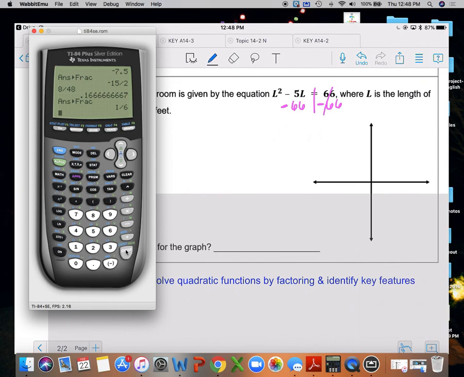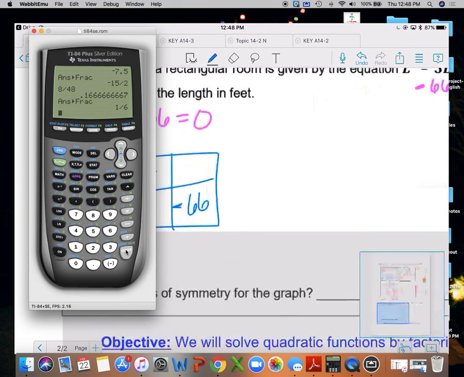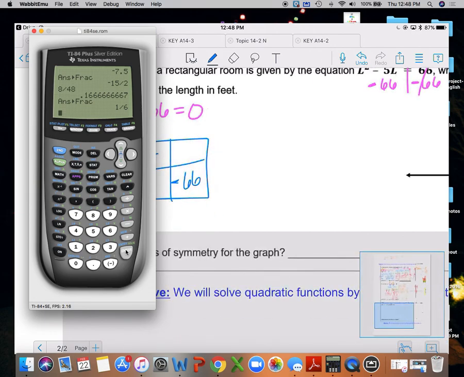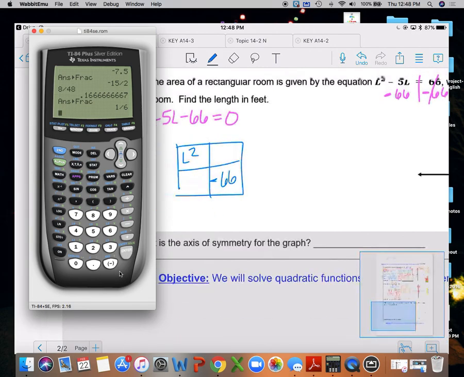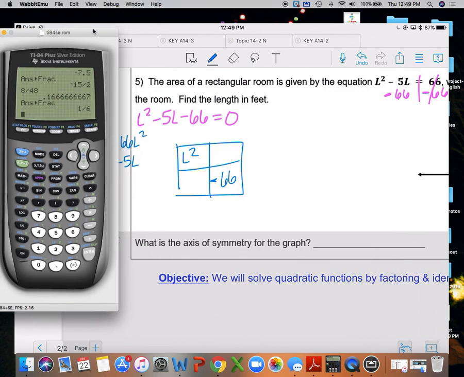Now, I do not have any GCFs, so I can go straight to the box. L squared, negative 66. So my product is negative 66, L squared. My sum is a negative 5L. Oh, well, I apologize. I did not know that was still up, but I actually need it right now.